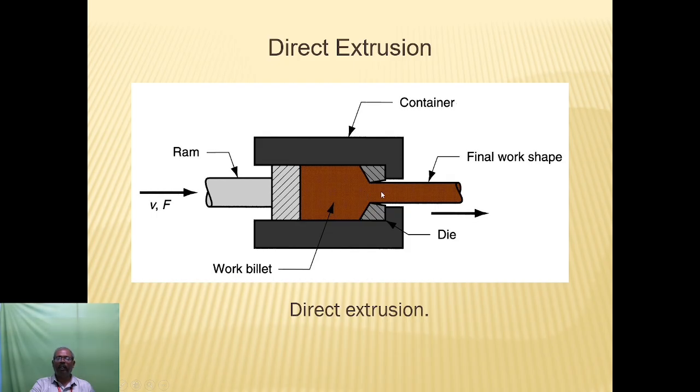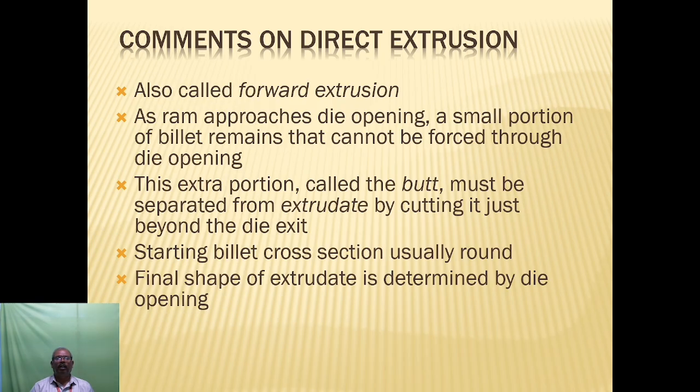So the final output will be the shape of the die. This is direct extrusion. It is also called forward extrusion, where the final output comes out in the direction of the force applied.